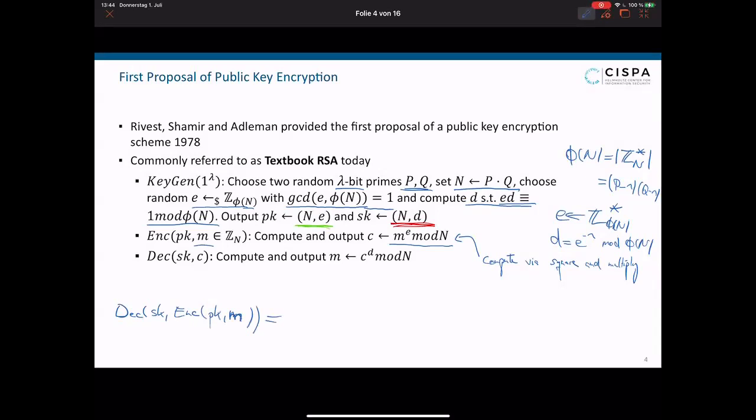Well, let's first do enc. That's m to the e modulo n, and the whole thing to the d modulo n, right? The modulo n you can just leave away. We're computing in Zn here. So this is m to the e times d modulo n. Okay, what am I going to do now?